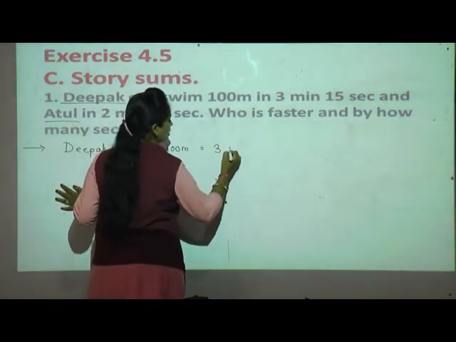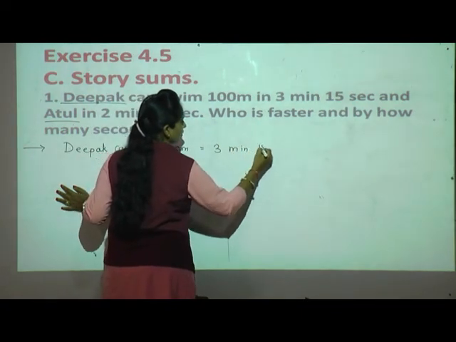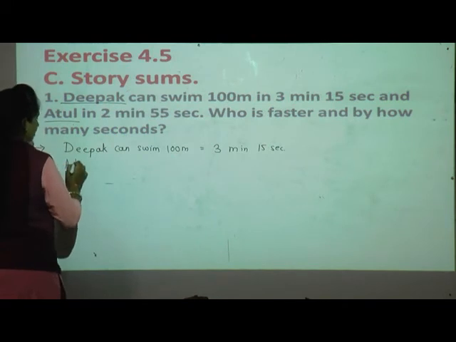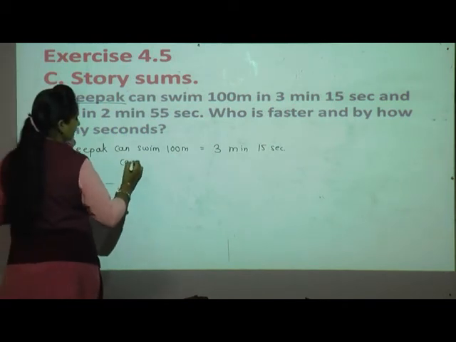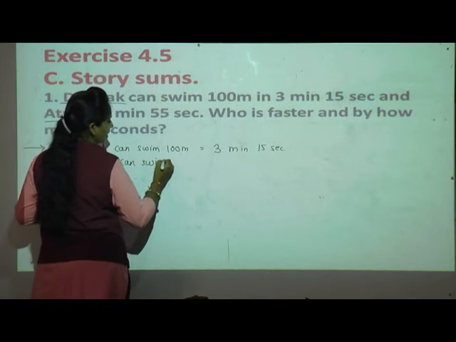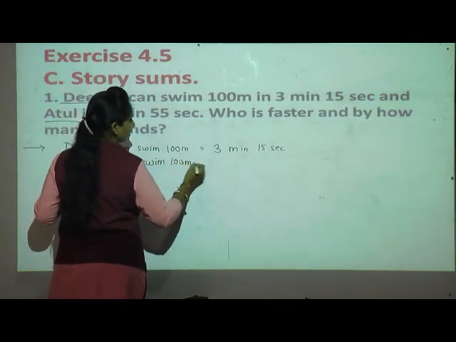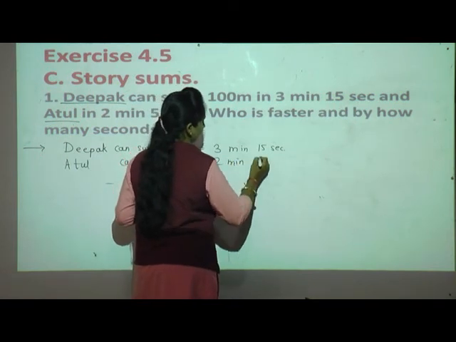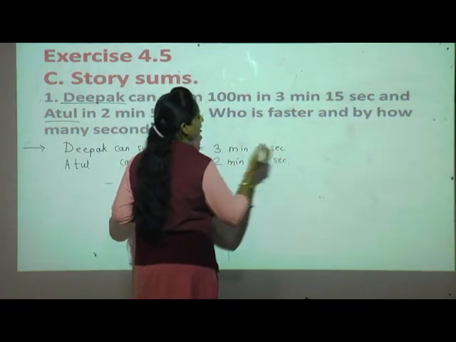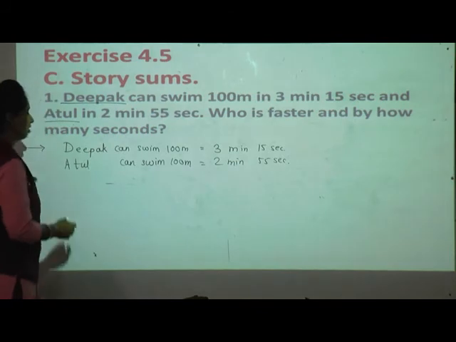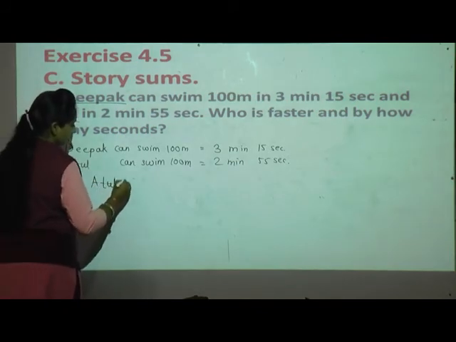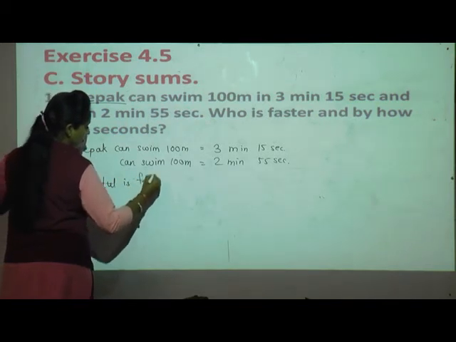Is equal to 3 minutes 15 seconds. And Atul can swim 100 meter in only 2 minutes and 55 seconds. Then who is faster? Yes, Atul is faster.